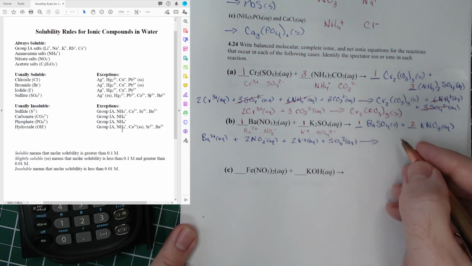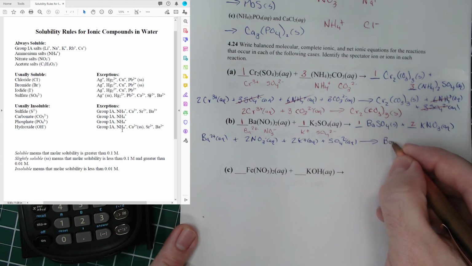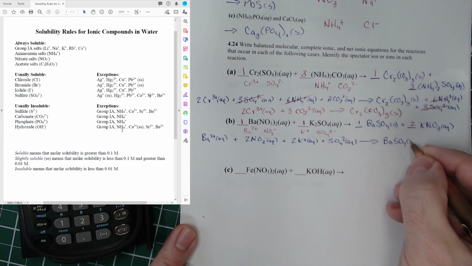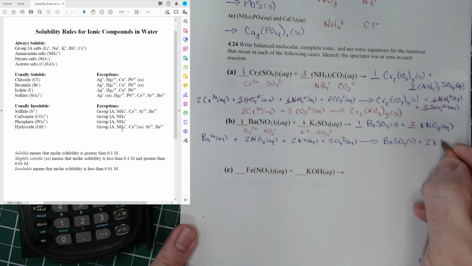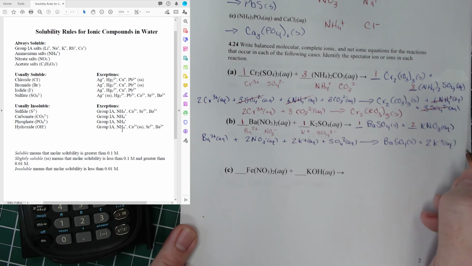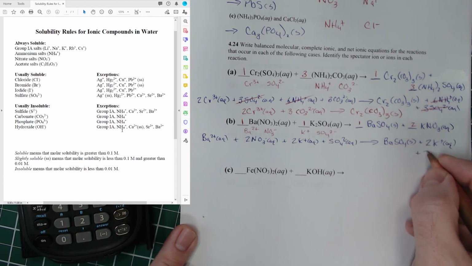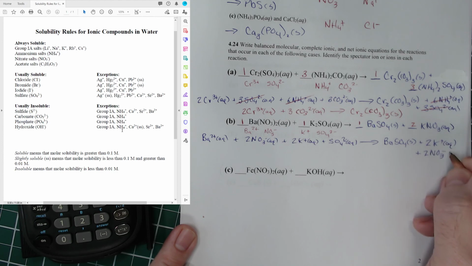All right, for the barium sulfate, we'll leave that together. So BaSO4 solid. And then we have to distribute that 2. So we'll do 2 K+ (aq) and 2 NO3- (aq).